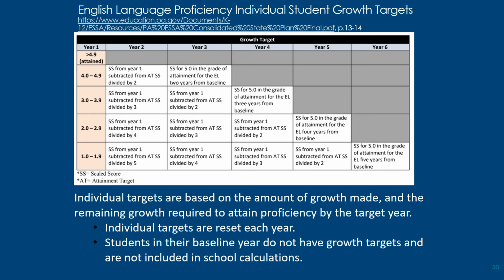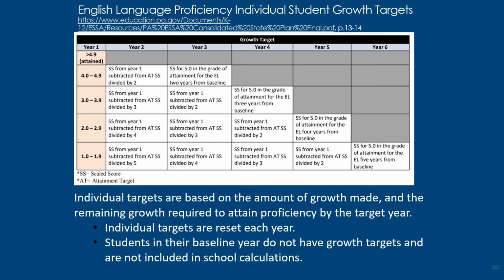Another component that is also very important for all of us to know is the English Language Proficiency Individual Student Growth Target. You can find the whole document at the address that you have on the top. We are looking at growth from the perspective of the level of the student and the number of years the student has been in the program.